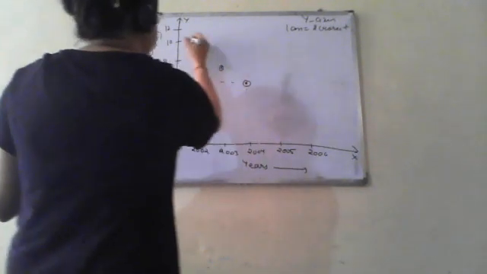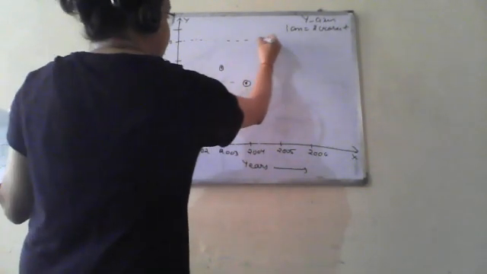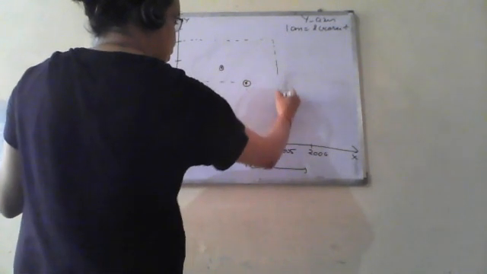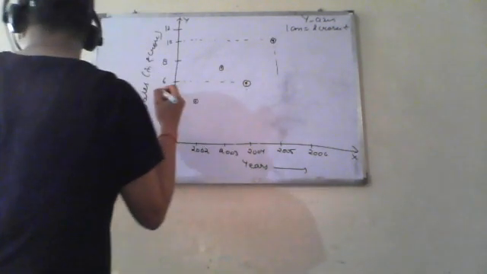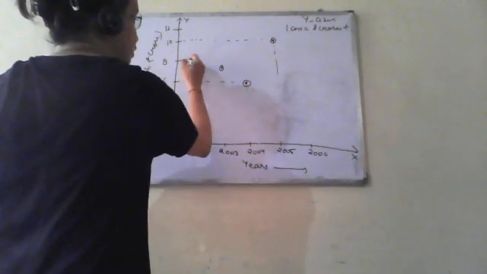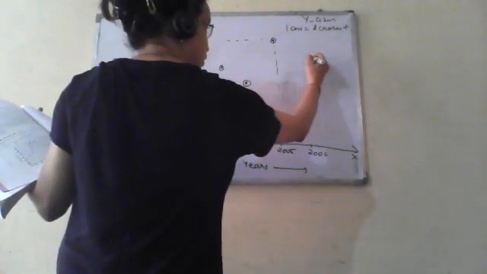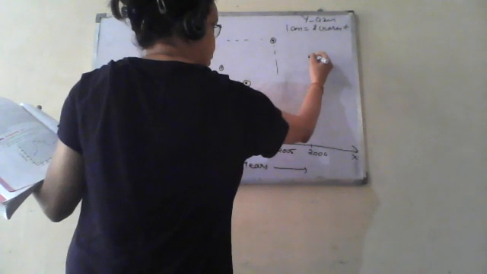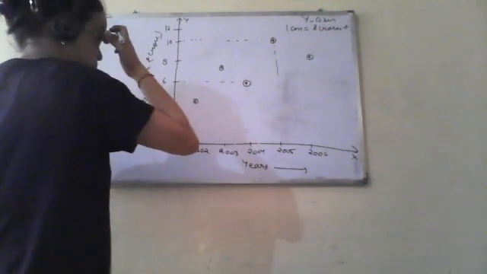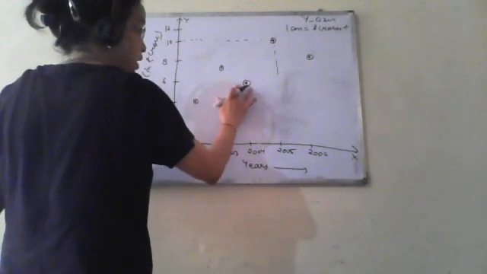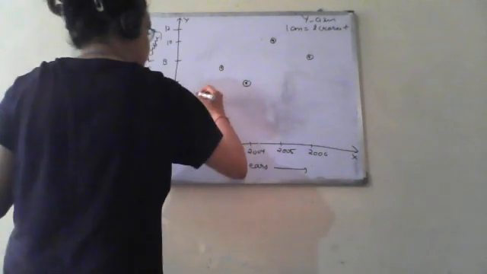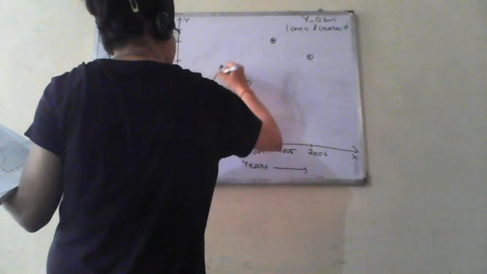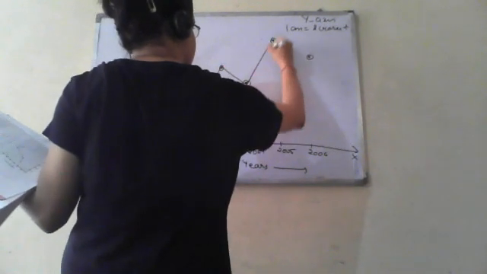For 2005 it will be, and 2006 it is 8. Okay, so this is the basic graph. You have to practice. I'm repeating again and again, you have to practice on a graph paper. So we can join this.